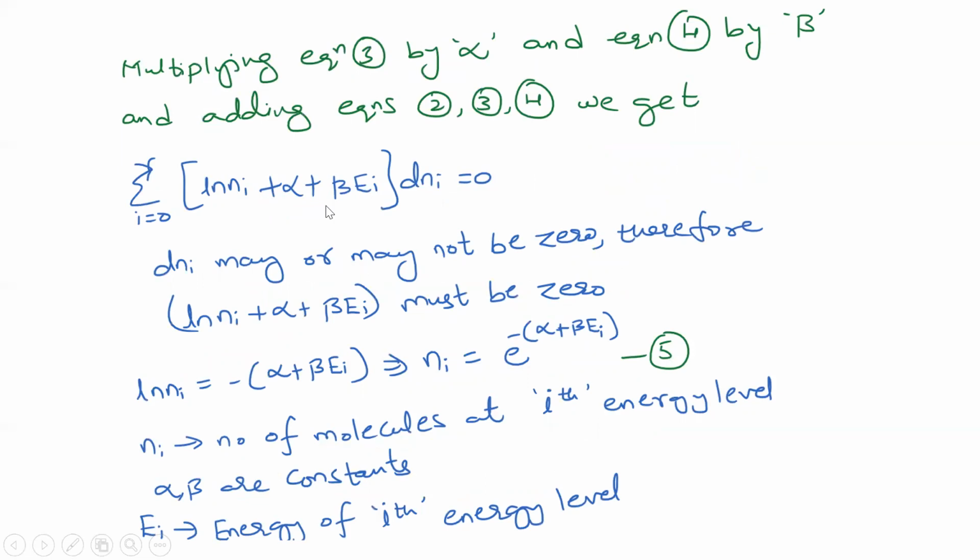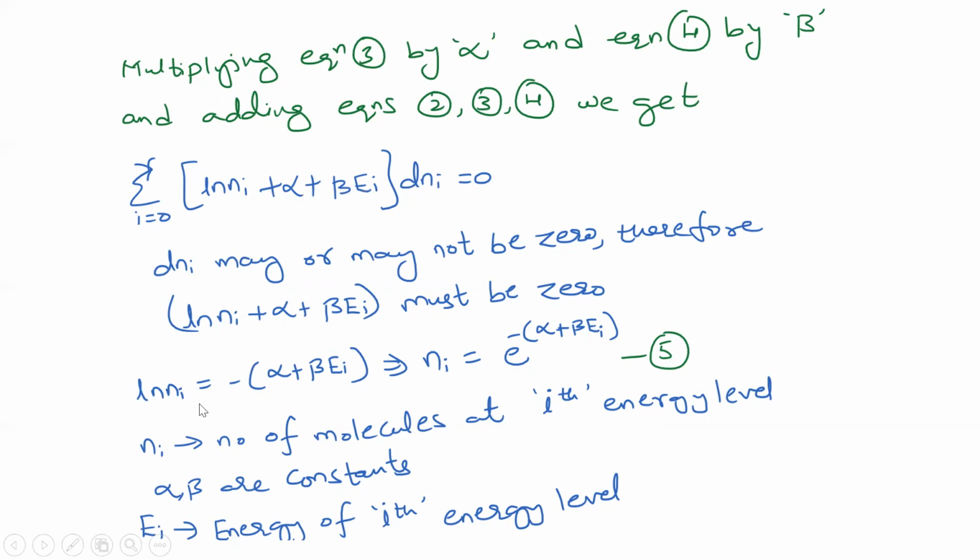That will give us this, and we are taking dni common. Now dni may or may not be zero, because the number of particles changing at different energy levels for different microstates may or may not be zero. So if this is not zero, then this must be zero.